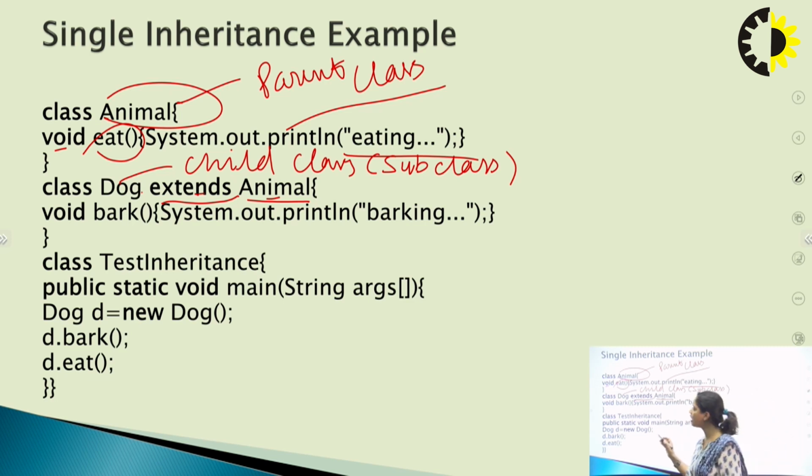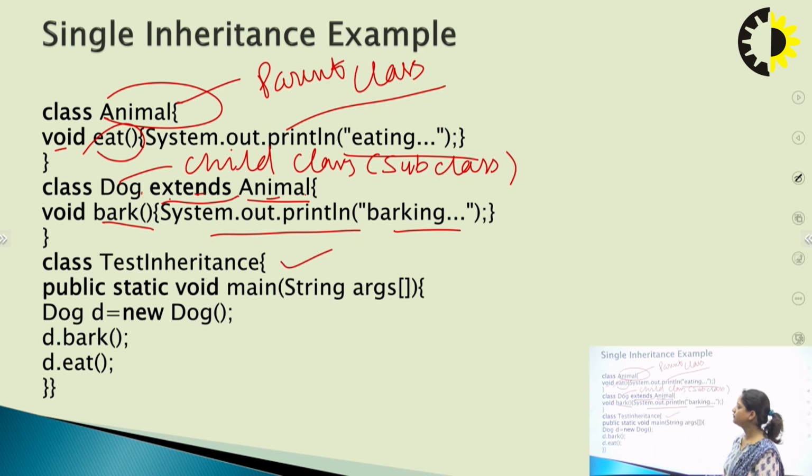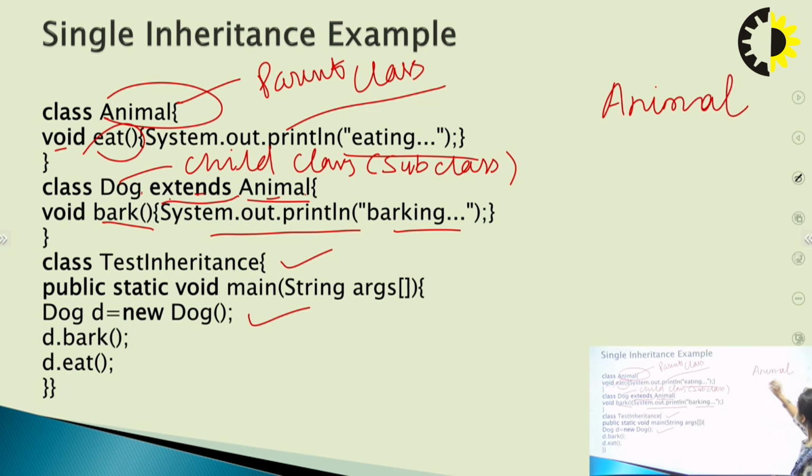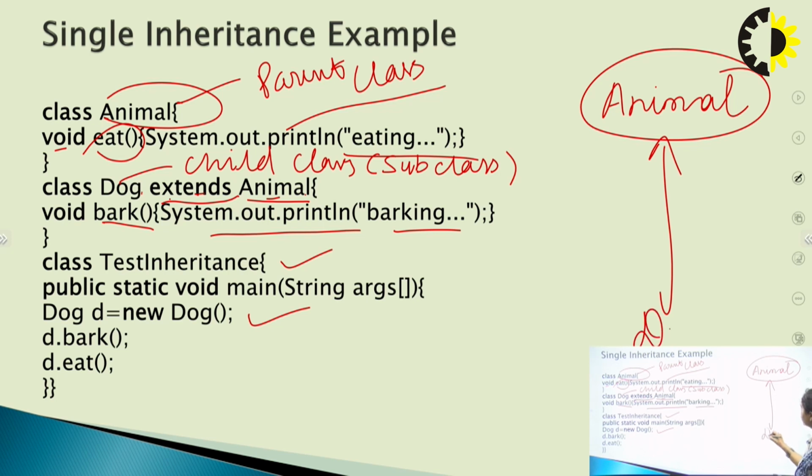Now let us see how. This is the child class, this is the parent class. Animal contains the eat method, and Dog has its own method named bark, which will print the statement "barking". Now we have a third class, which is the main method class. In the main class, we are creating an object of class Dog, where Animal is a parent class and has a child named Dog.